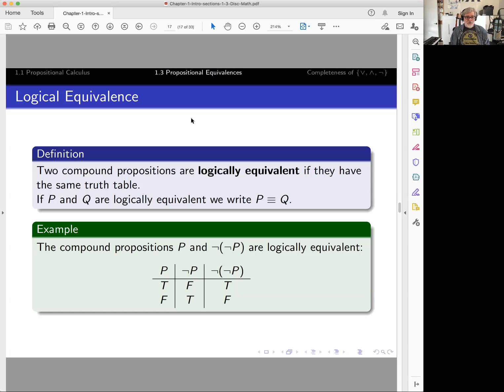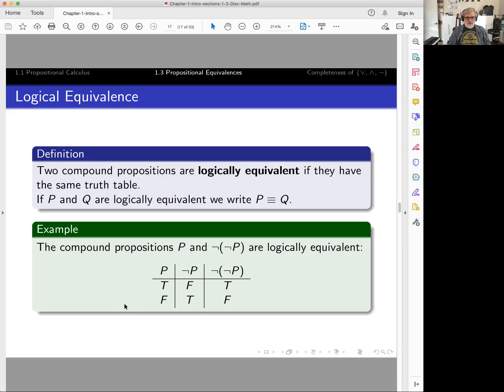Two compound propositions are said to be logically equivalent if they have exactly the same truth table. And the notation to say that two compound propositions, let's say they're called P and Q, are equivalent: I know that earlier I used P and Q as variables, but they could represent compound propositions also. So we write P equivalent to Q. It's like an equality, but with three horizontal lines.